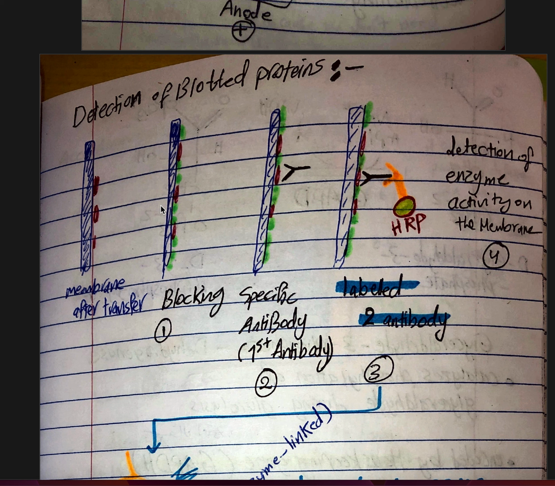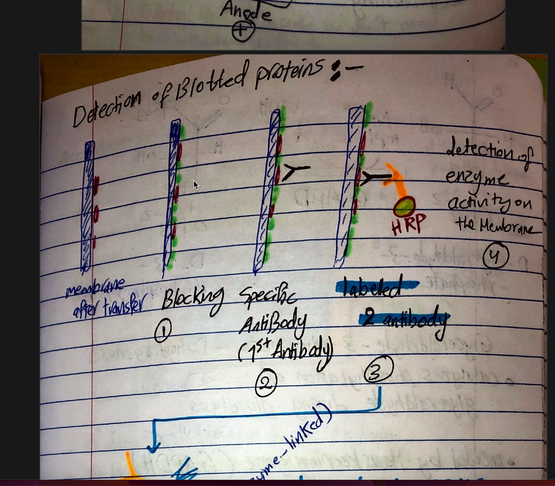In this step we have the membrane after the transfer, and then we do blocking. For blocking we can use non-fat milk, that means milk without the fat, or we can use BSA, not BSV, sorry.